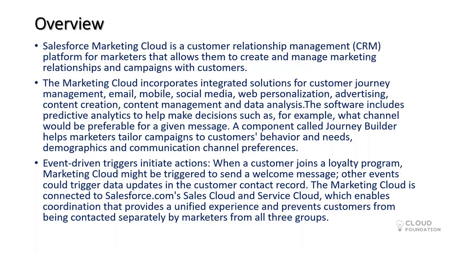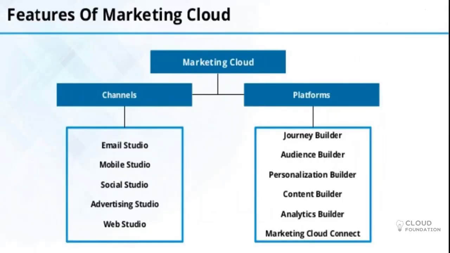Marketing Cloud has a lot of modules. Basically, we can divide Marketing Cloud into two parts: channels and platforms. Channels include Email Studio, Mobile Studio, Social Studio, Advertising Studio, and Web Studio. Channel means how we reach out to the customer, through which platform.